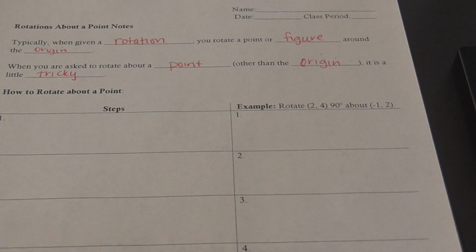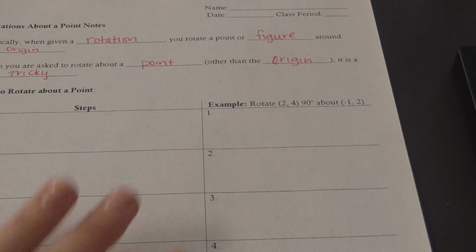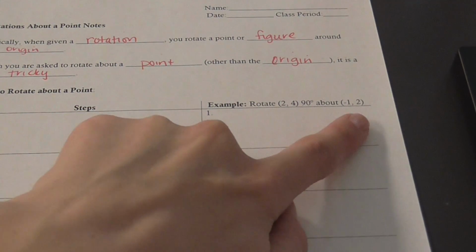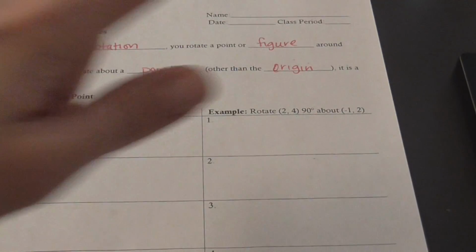So there are 6 steps that I'm going to give you that work to make this happen every time. We're going to use the example of rotating the point (2, 4) 90 degrees around the point (-1, 2).